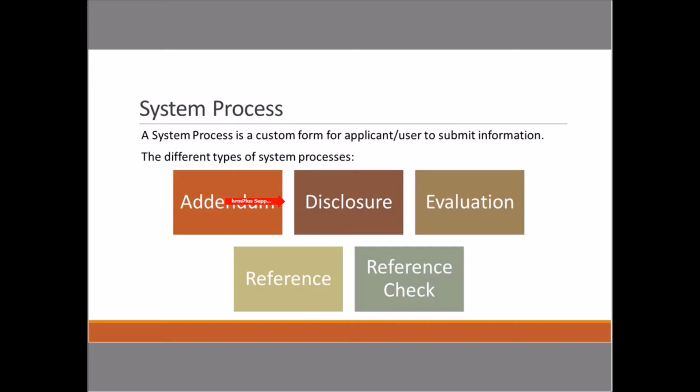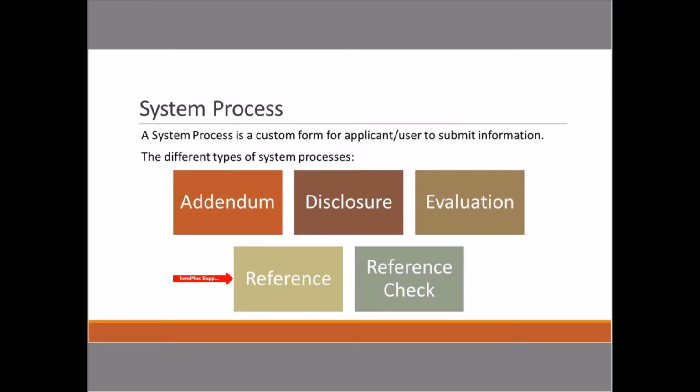It also has the hits associated with it, so on certain questions, if they answer yes, it's going to mark a hit on their application and put their application on hold until HR has time to review that disclosure. For our PD sites, we have the evaluation form, which is also a system process for participants to give feedback on the courses they've attended.